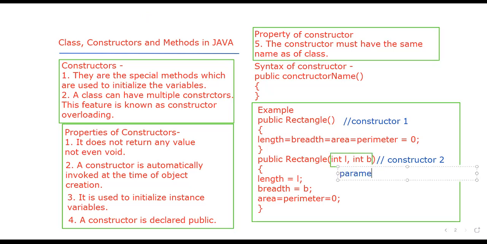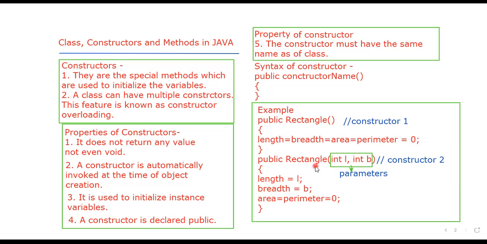Parameters. L and B, these are 2 parameters. I have used 2 parameters to assign the values to the variables. Length and breadth are the 2 variables which are assigned with the parameters L and B.